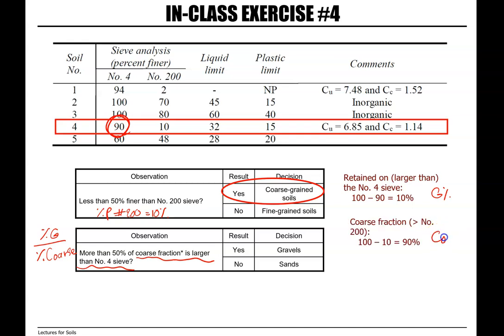This is how much coarse material we have, 100 minus percent passing from sieve number 200. Divide 10 by 90 and times 100. So the answer is 11.1%. Is it more than 50%? No, which means that we have sand. More sand compared to gravel.